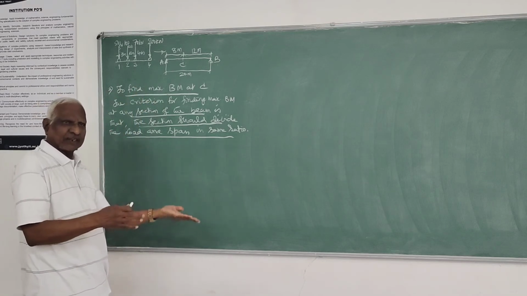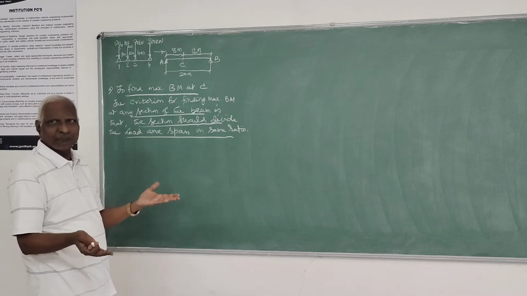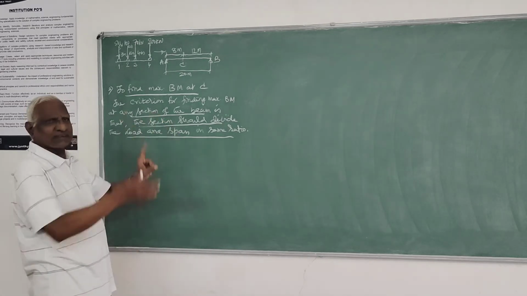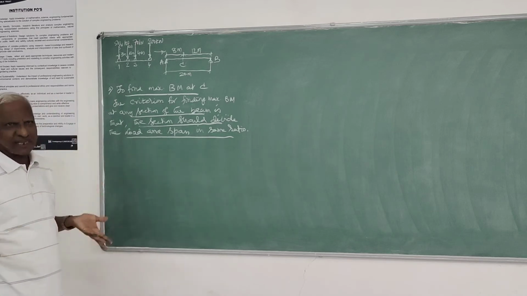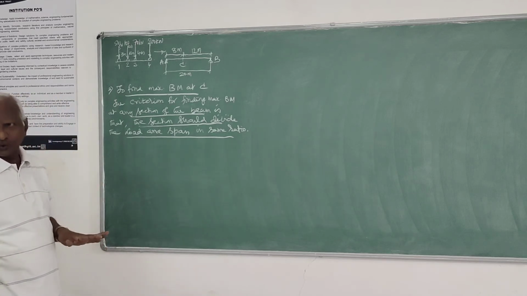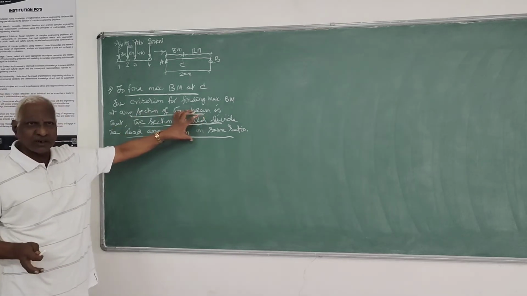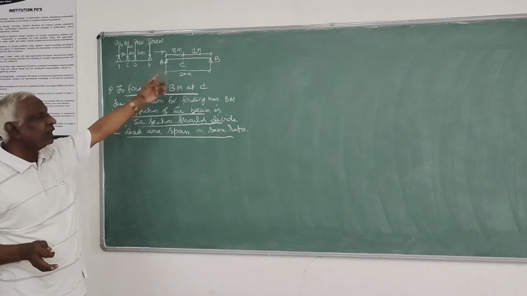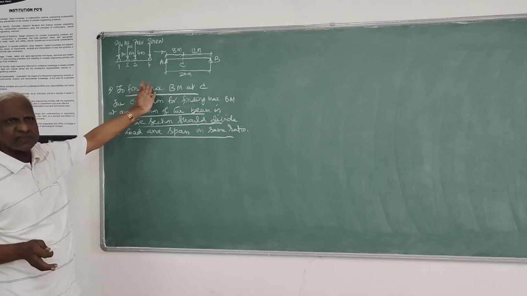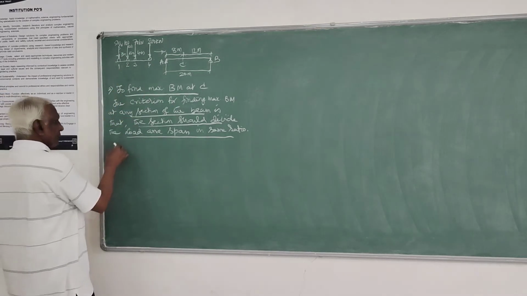When the average load on the left and the average load on the right are equal, automatically the section will divide the load as well as the span in the same ratio. Instead of placing the load at C, the placing of the load at section C should be such that the average load on left and right should be the same.